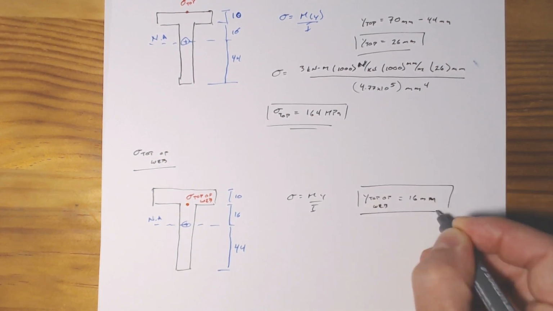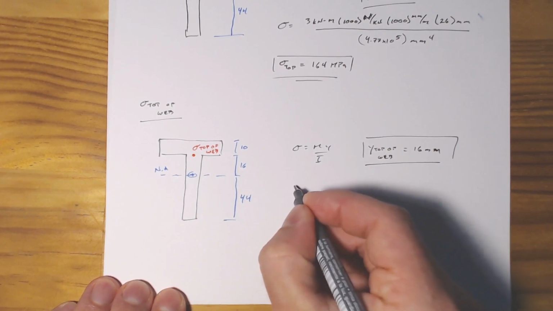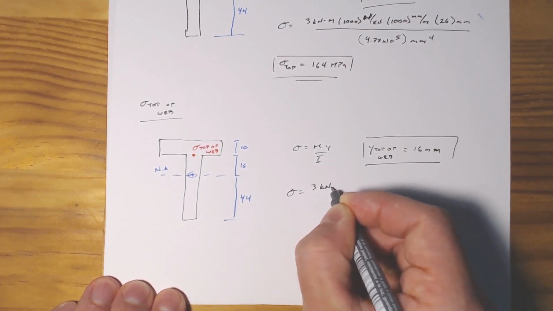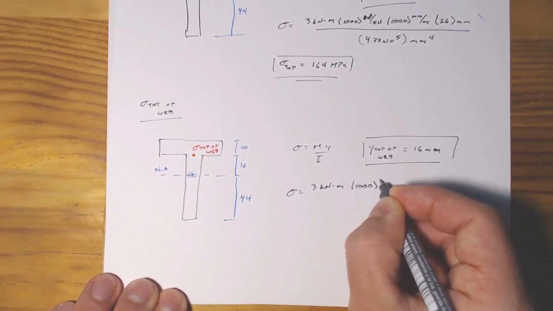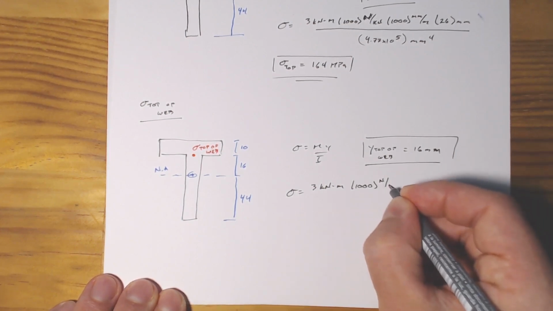So we can just go ahead and plug this into our handy bending stress equation. So sigma equals our applied moment of 3 kilonewton meters. And then let's get that into newtons and millimeters just so that we can work and kick out a stress in MPa.